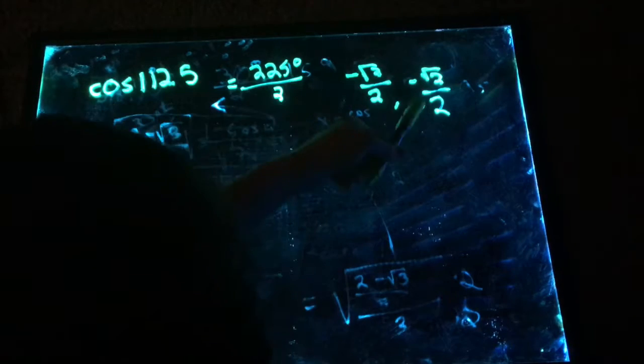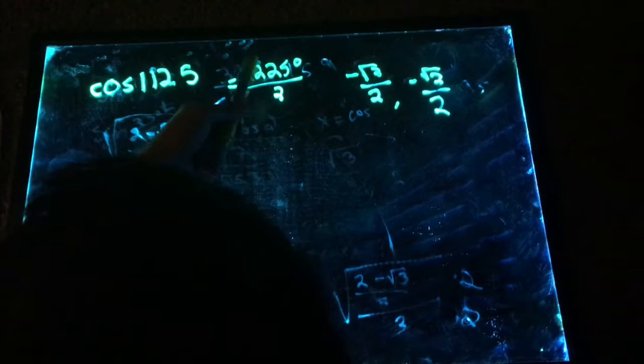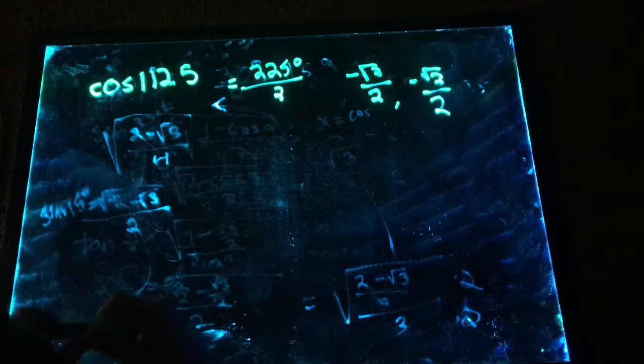And so that is negative square root of 2 over 2, negative square root of 2 over 2. Both of these are negative because 225 lies in the third quadrant, where both x and y are negative.